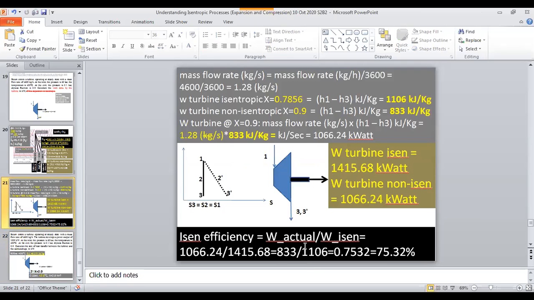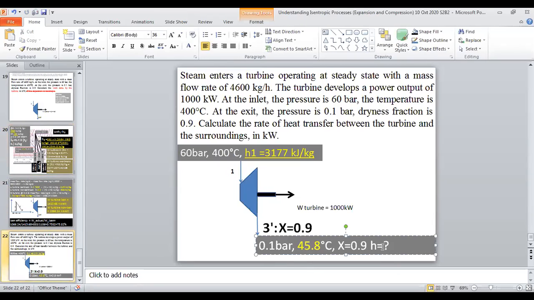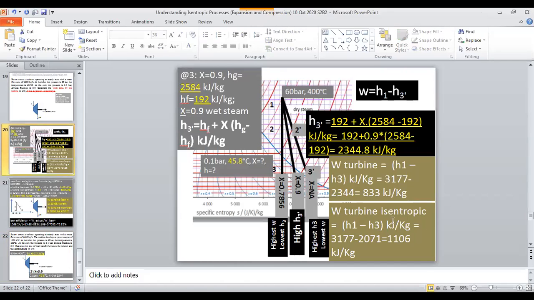You have calculated it somewhere. See, H3, 2344. Your H3 value. H3 dash is 2344. Okay, H3 dash is 2071.